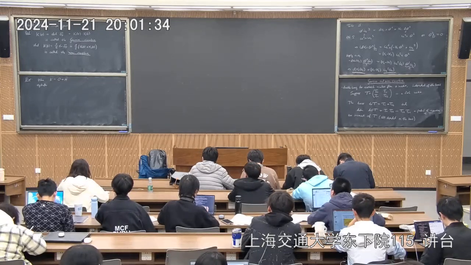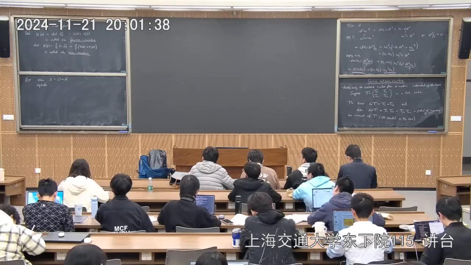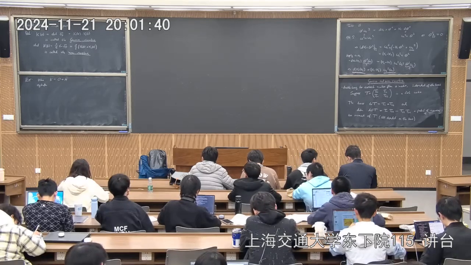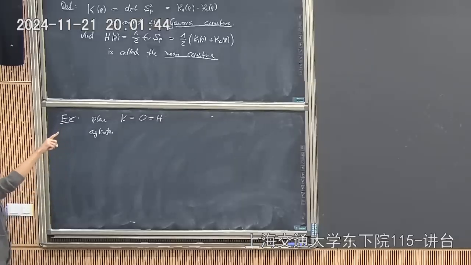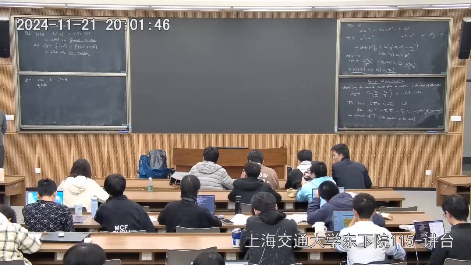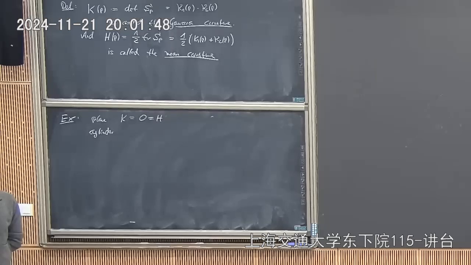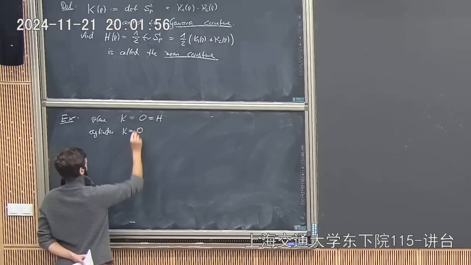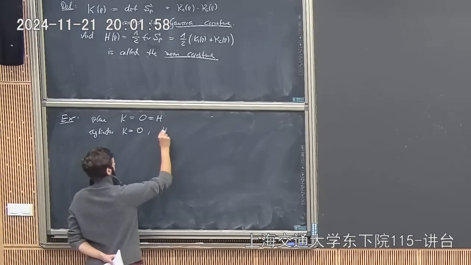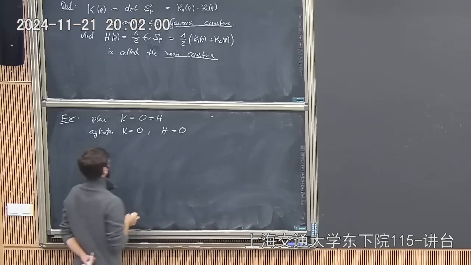What is the Gaussian curvature for the cylinder? Yes, I heard it already, it's 0, because one of the kappas is 0. There's one direction where you always have no curvature, and then there's one where you rotate. So in this case, we have K equals 0, but H is not 0.